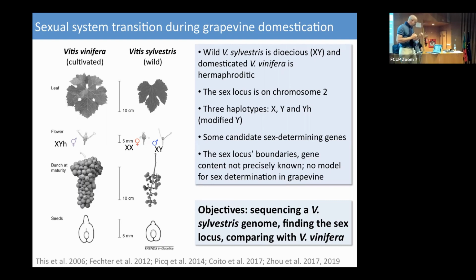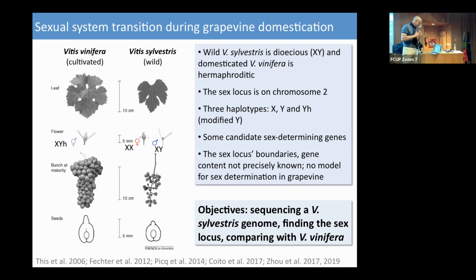We know that the sex locus, the locus containing the sex-determining genes, is on chromosome 2. There are 3 different haplotypes, X, Y, that are found in the wild grapevine, and YH, that is a modified version of the Y haplotype that is found only in domesticated grapevine.